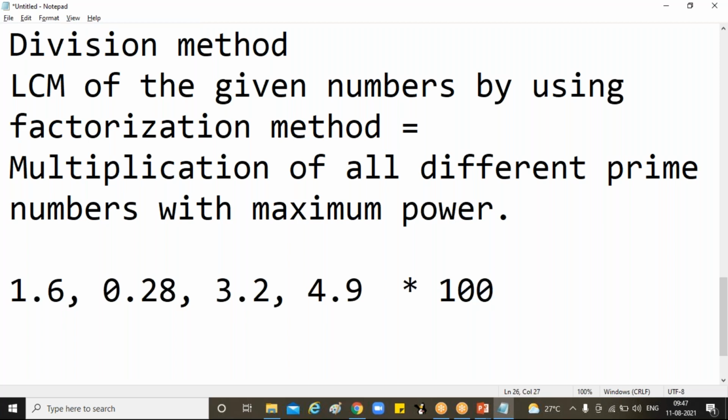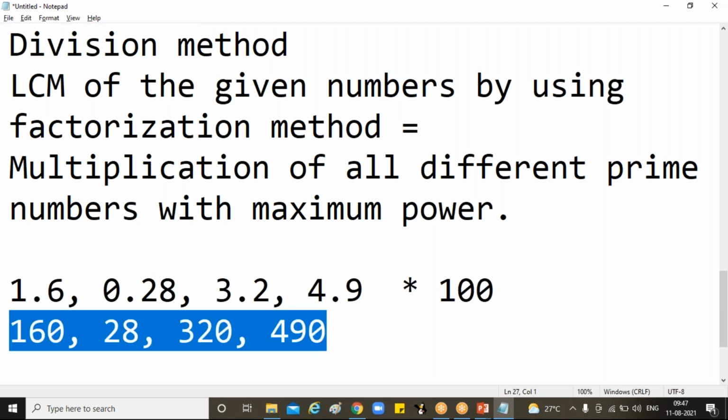Better to multiply with 100 to convert all the decimal numbers into integers. 1.6 times 100 is 160, 0.28 times 100 is 28, 320, 490. Now the decimal numbers become integers, right? Yes, sir.